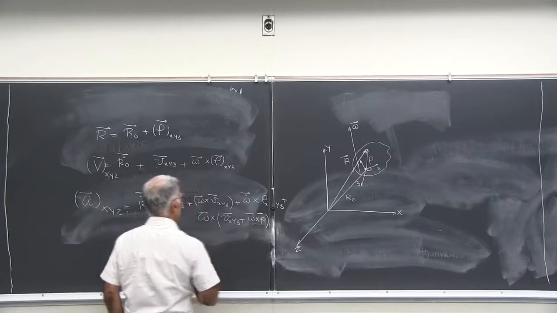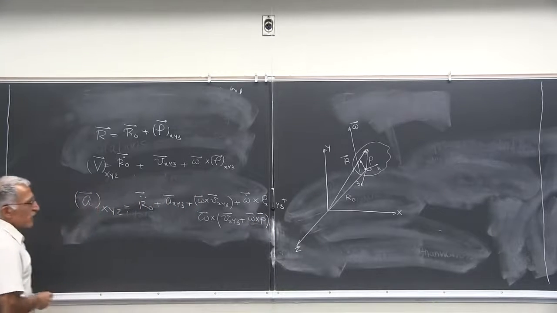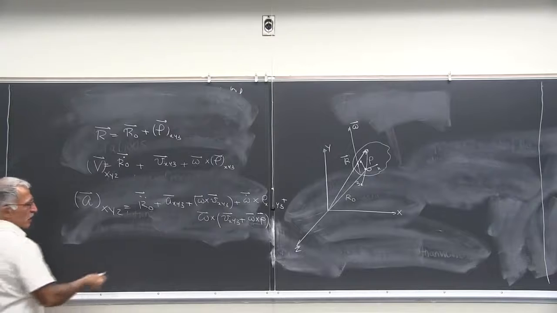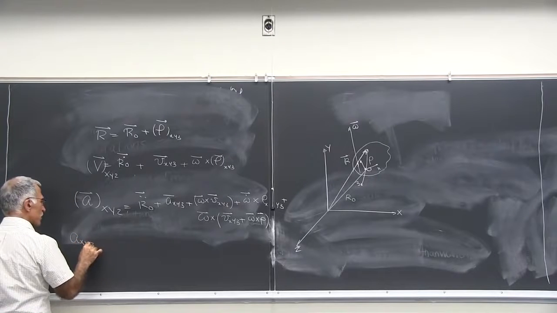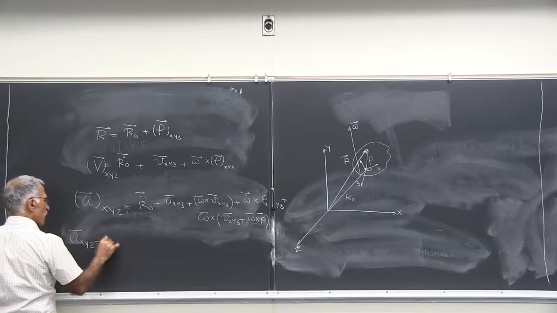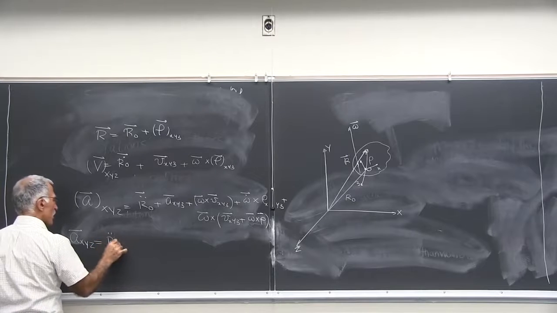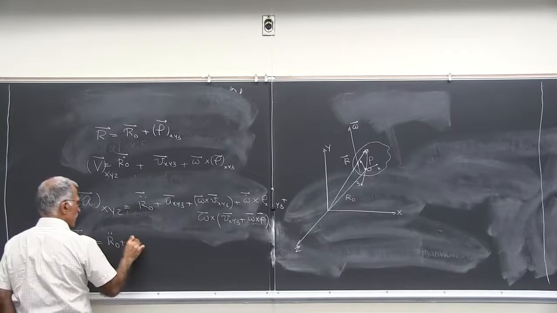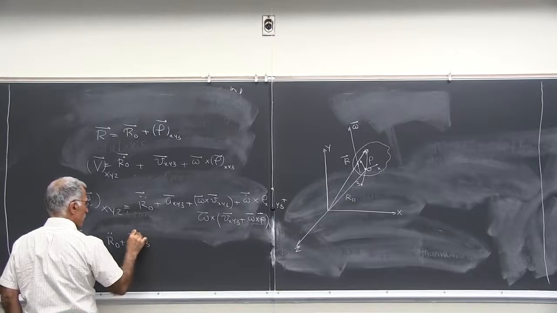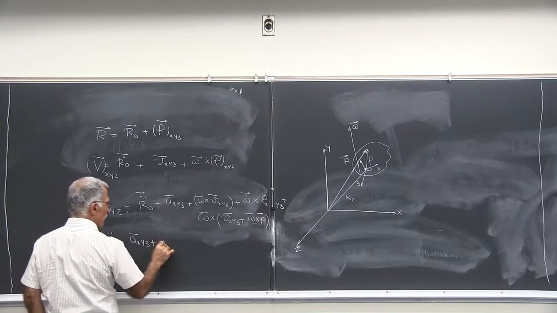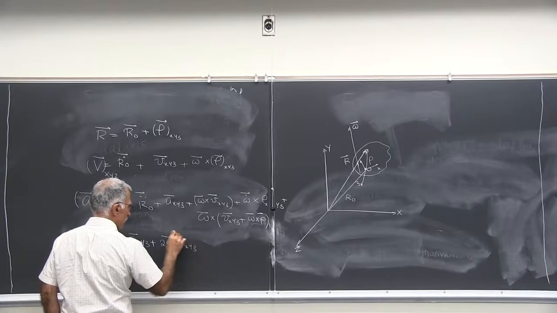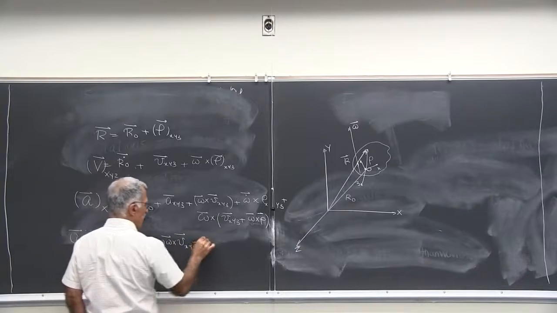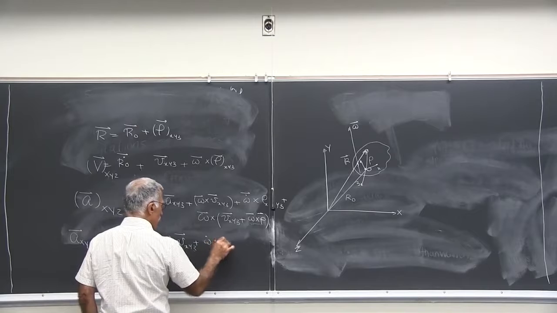And if you put all of this together, you can see that the acceleration with respect to the main reference frame becomes equal to R double dot O plus A_xyz plus 2 omega times V_xyz plus omega dot times rho_xyz.